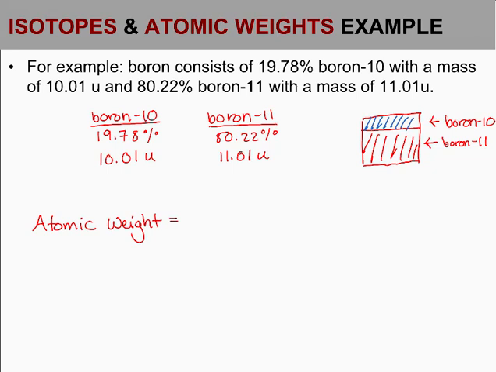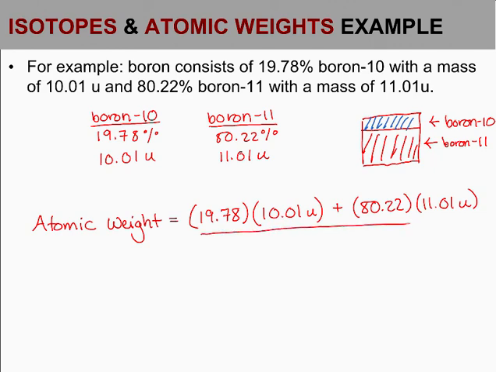So again, we're going to take the percentage for our first isotope, which is 19.78, and then we're going to multiply that by the mass of that isotope, which is 10.01 U. And then we'll add the next isotope's percentage multiplied by the mass. And then we're going to divide the whole thing by 100.